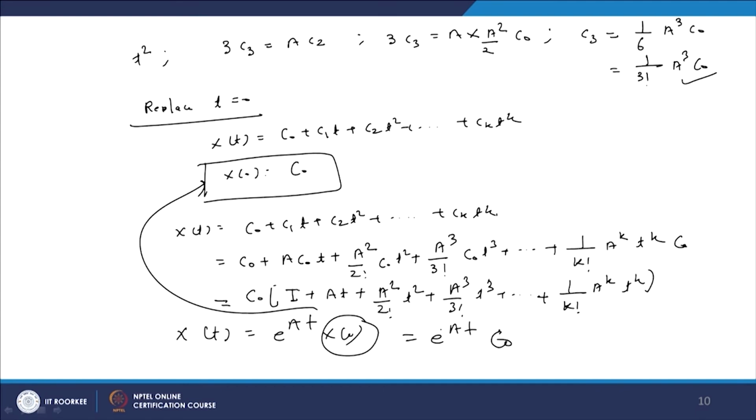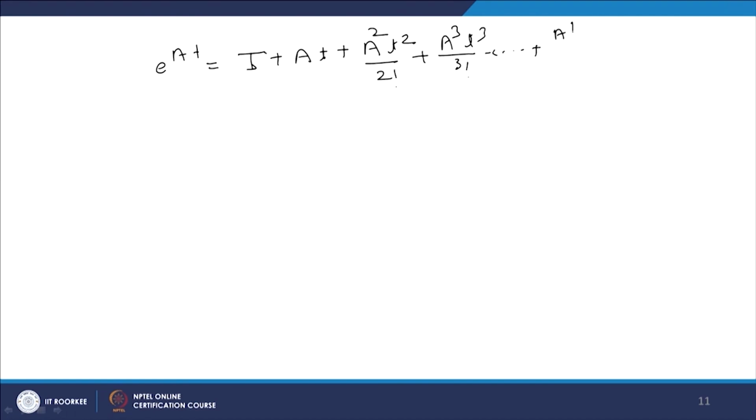Now, here e raised to at is nothing but this part, that means we can write down e raised to at equal to I plus a into t plus a square t square factorial 2 plus a cube t cube factorial 3, and like this a k t k factorial k.